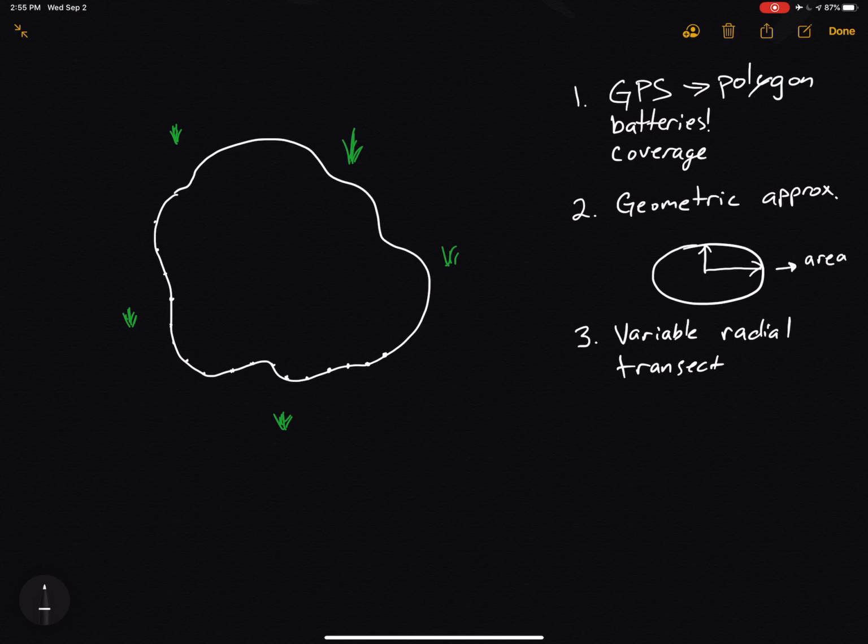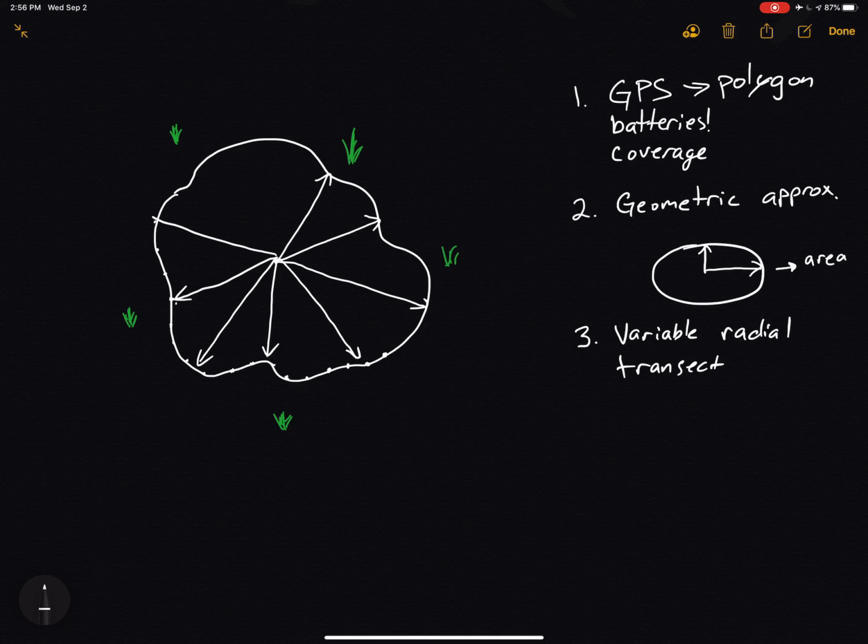The basic idea here is we're going to pick any point on the campsite and then stand in that point and measure two things about a bunch of different variable length radii. So each one of these measurements that you take is going to be a different length, and you get to choose how many of these you need in order to get a pretty good sense of what this site is shaped like as well as its size.